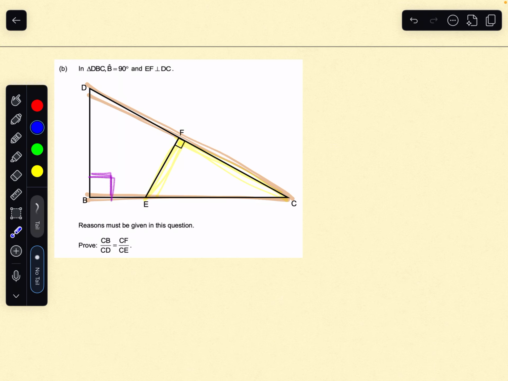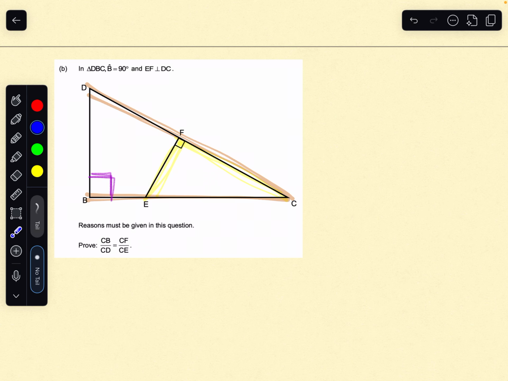CF adjacent over opposite would be cotangent, which you might have learnt about in grade 10 and then promptly forgotten about because no one ever mentioned it again. So effectively we're being told that cos of C adjacent over hypotenuse is equal to cot of C.